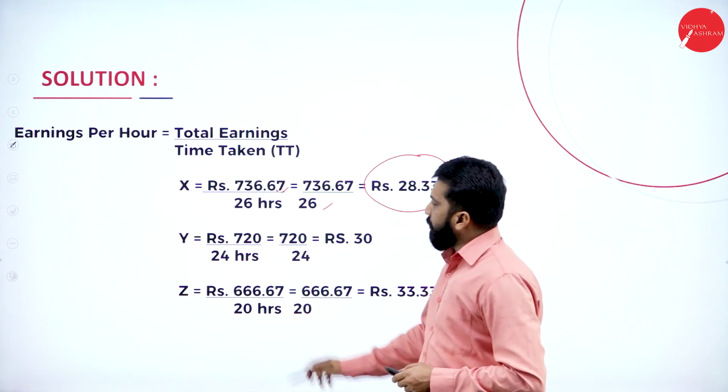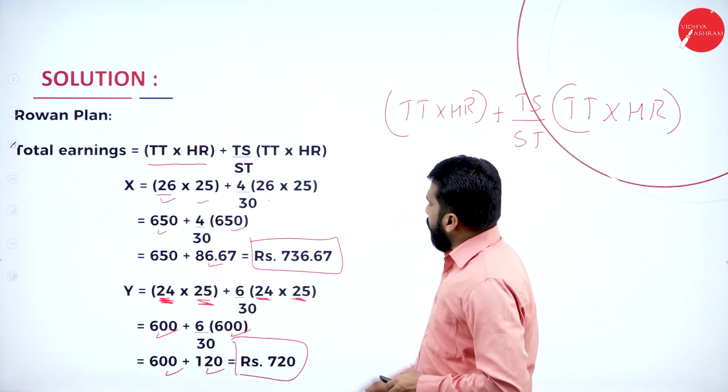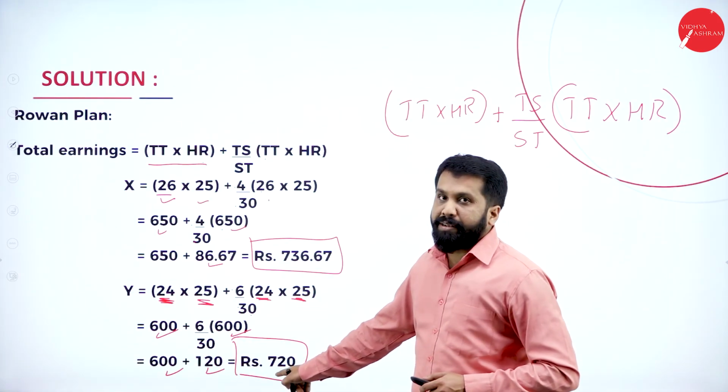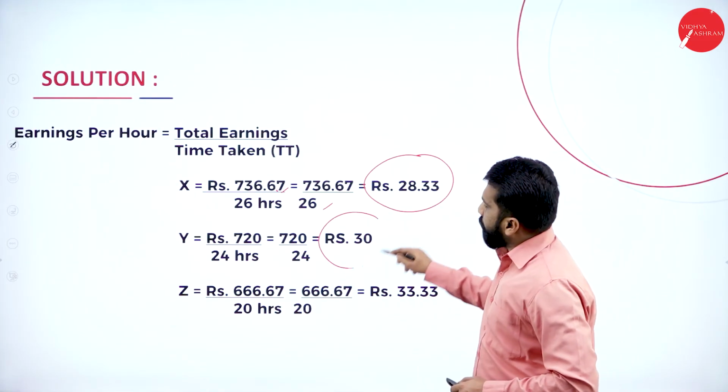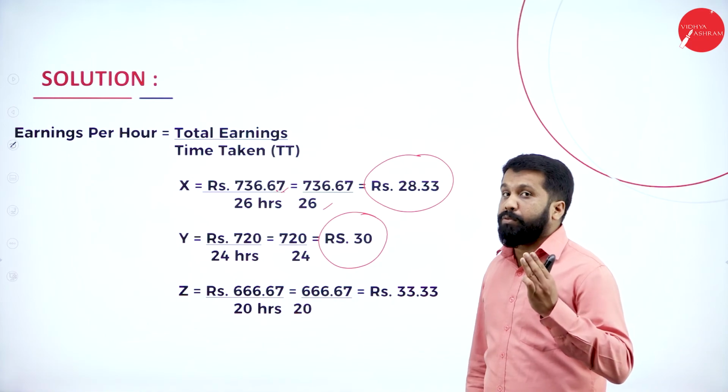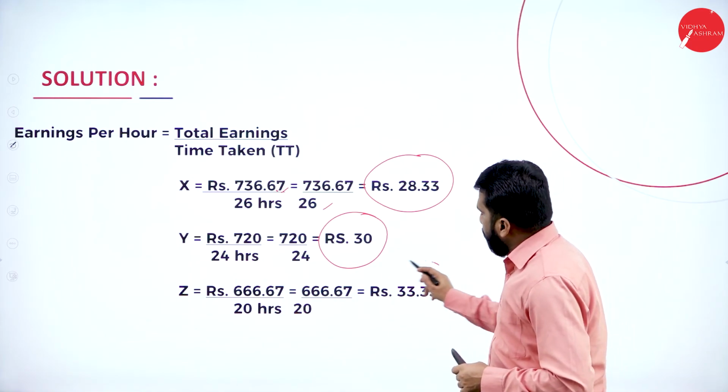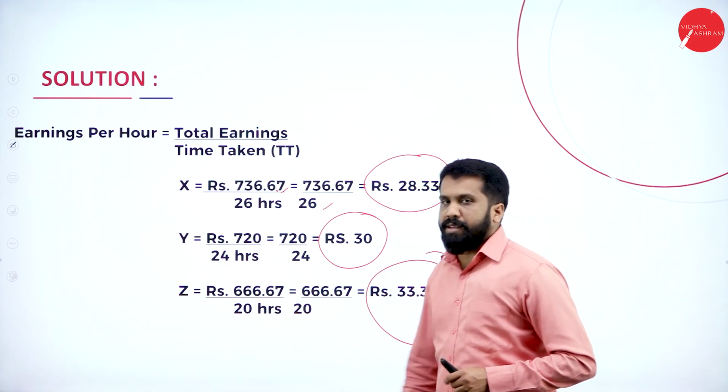The second person: he got around 720. 720 divided by 24, he will get around 30 rupees per hour. The last person will get 33.